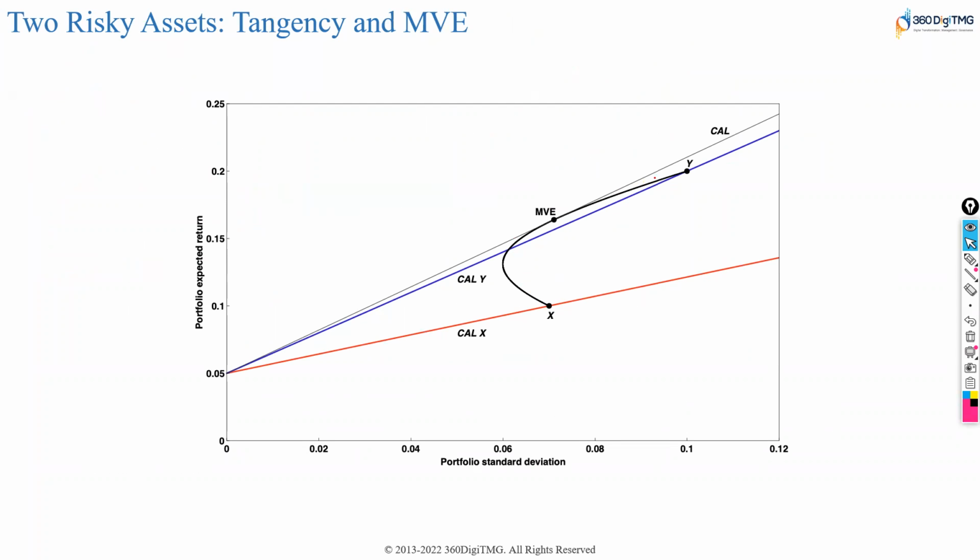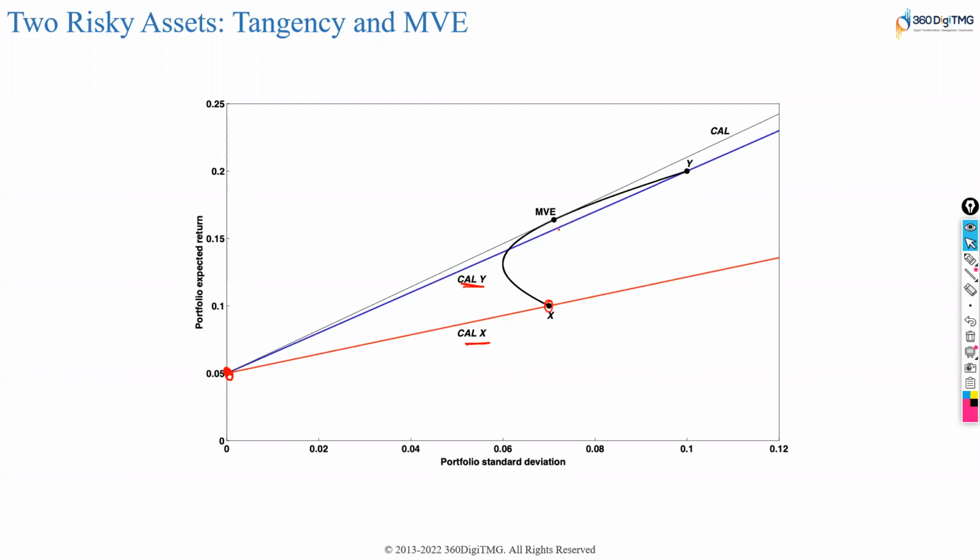So you have your efficient frontier. And if you have one risk-free and one risky asset, that is X, you get a capital allocation line like this. If you have one risk-free and one risky asset like Y, you get one capital allocation line, which is like this. And you have the efficient frontier, wherein you have only risky assets.